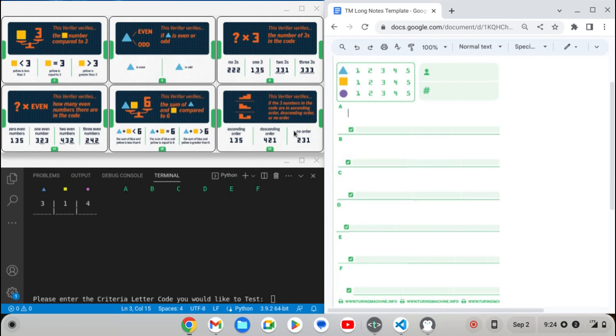So we look at the example 231. Notice that it goes from 2 to 3, it increases, but then it goes from 3 to 1, and then decreases. So it's that shift that is one way to define no order.